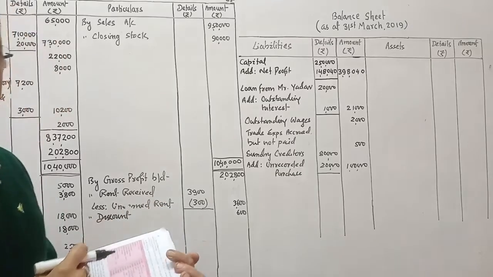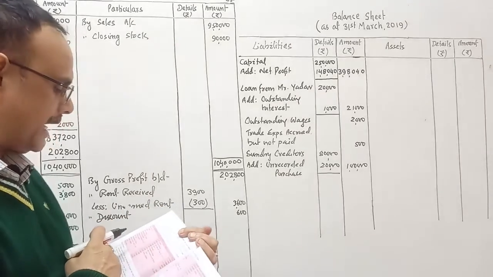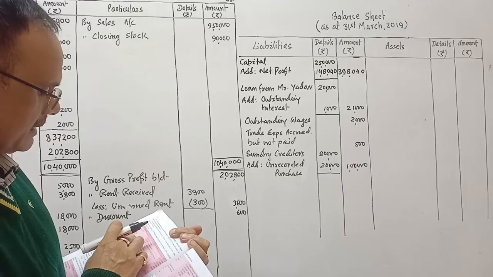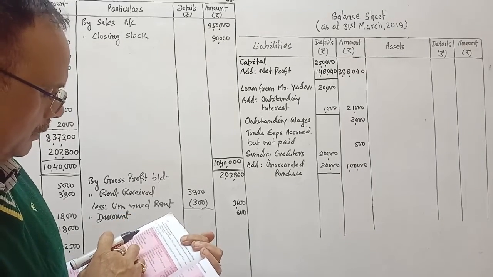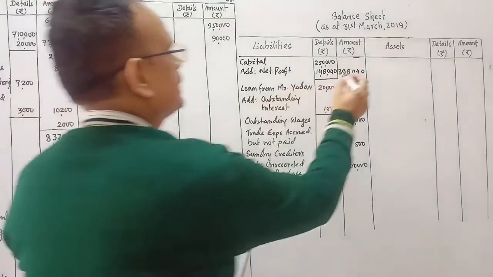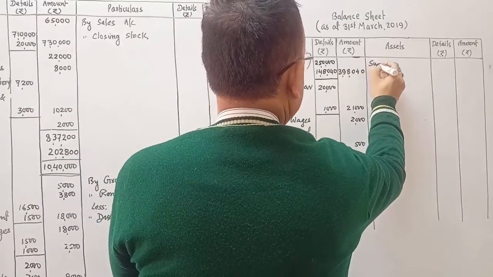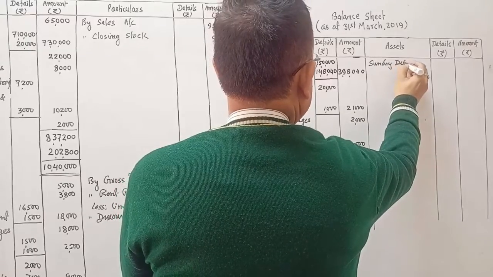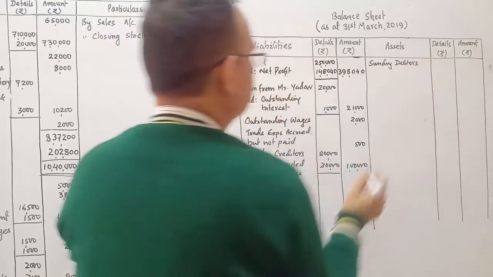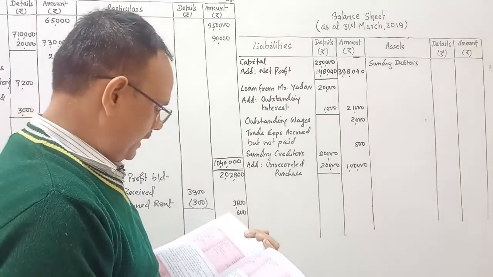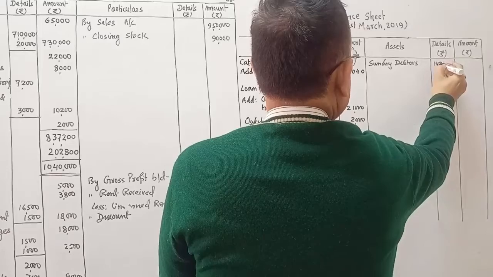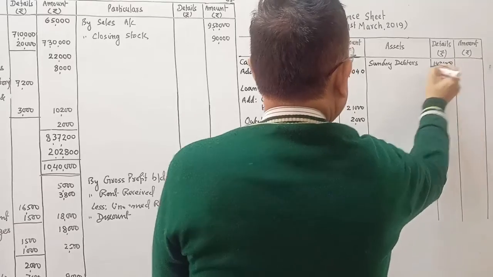Come to the debit side of the trial balance and we will see the assets. So on the debit side, you find out the assets. Your sundry debtors, we will write the amount in the inner column because there are so many adjustments related to sundry debtors. 1,42,000 is the debtors given in the trial balance.